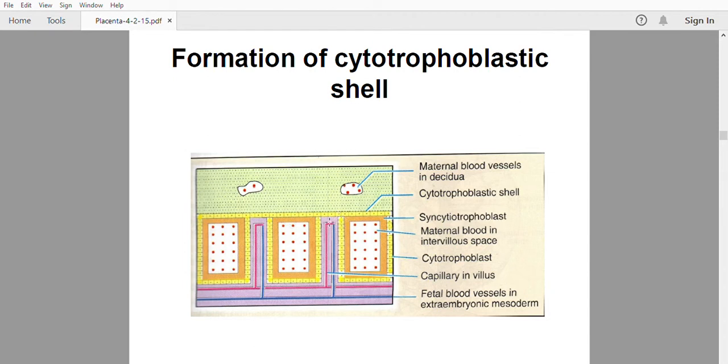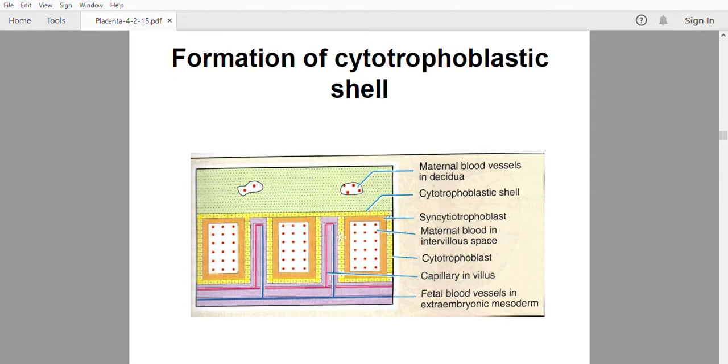The endothelium, which lines the fetal blood vessels, and its basement membrane, is the first layer of the barrier separating the fetal blood from the maternal blood. Second, the surrounding extraembryonic mesoderm, otherwise called the connective tissue.